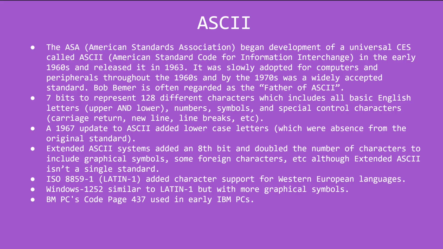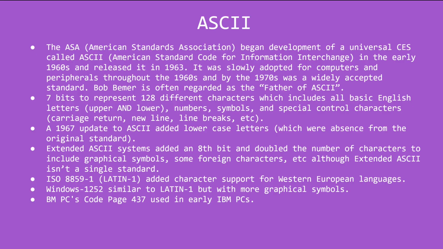For the most part, you really only needed one case to represent, but having lower was nice too. Numbers, symbols, and a bunch of special control characters. You're going to need a lot more of these if you're going to be using these between computers and not just teleprinters. As I said, 4 years later, they added lowercase letters.